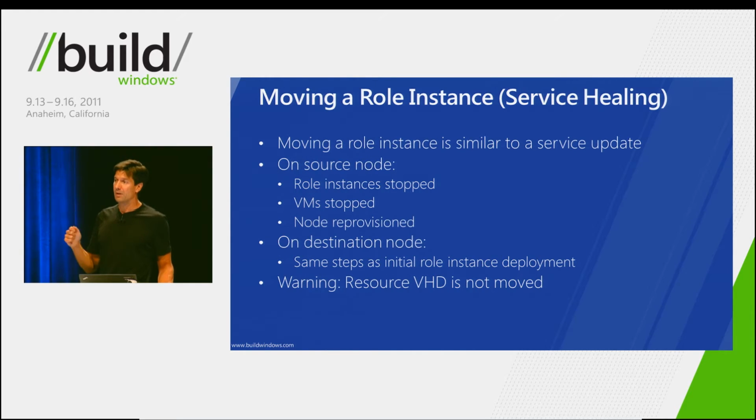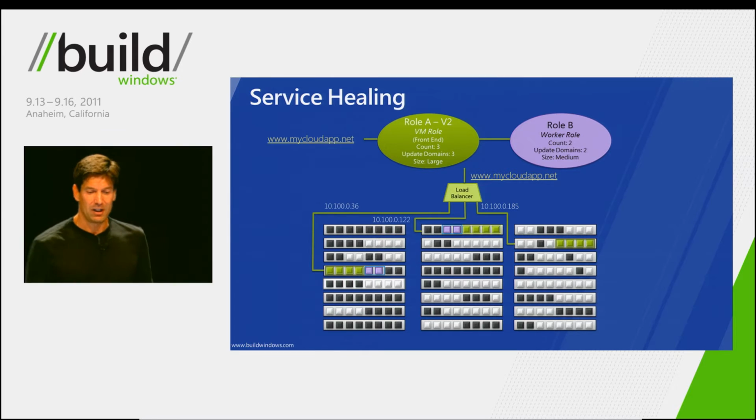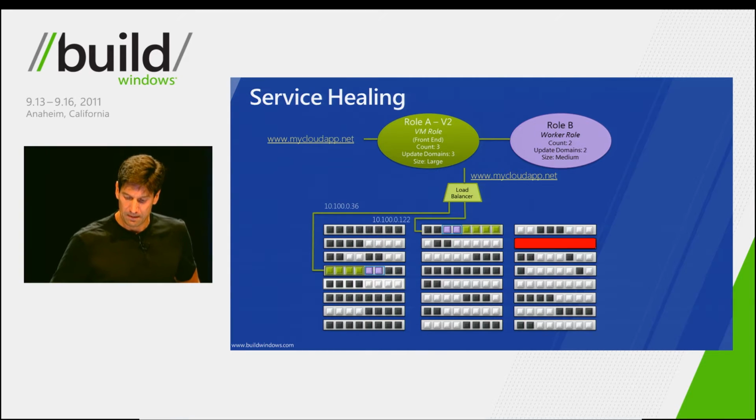So if we've got a server that we can't shut down gracefully, we will go to the power distribution unit and basically yank the power on it so it goes off, and then start up the instances. Service healing looks like this. When a blade has a problem, like you saw, we migrate the instances to another blade and rewire things appropriately.